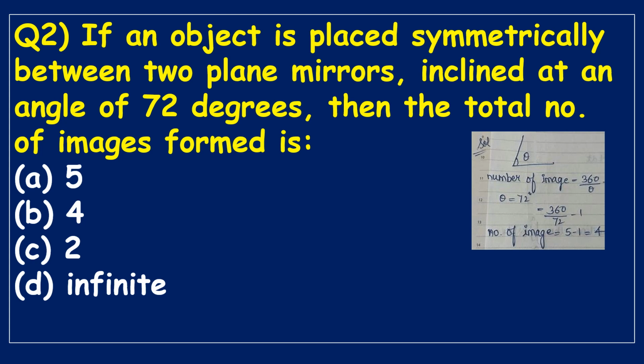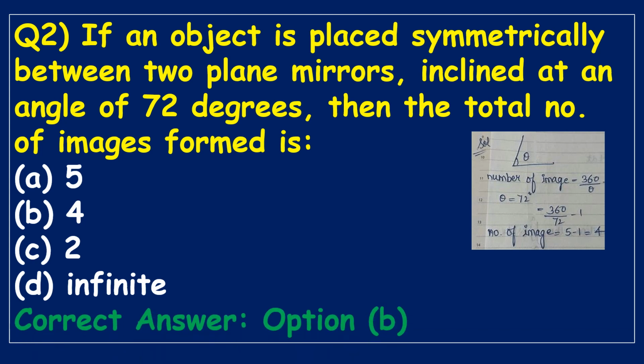If you substitute this value, 360 degrees upon 72 degrees minus 1, then 360 by 72 gives you 5, minus 1, it is 4. So the total number of images formed when two plane mirrors are arranged at an angle of 72 degrees is option B, 4 images will be formed.